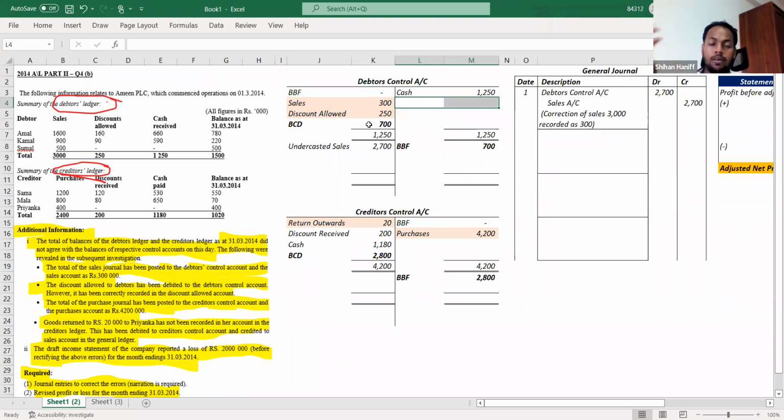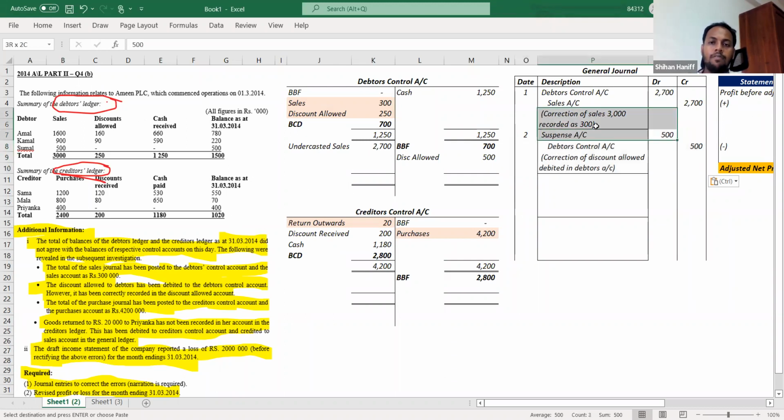So to have the correct 250 in the credit, you have to credit 2 times, right? So we have to credit 500, then only this error will be corrected. Discount allowed. And since the discount allowed account is correct, the difference goes to suspense account. Suspense account debit 500. Debtors control account credit 500.